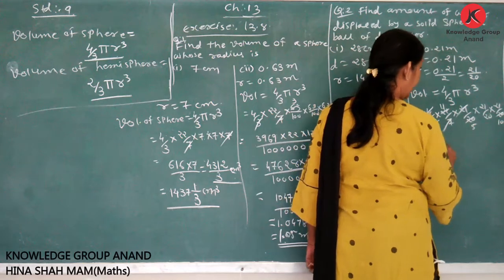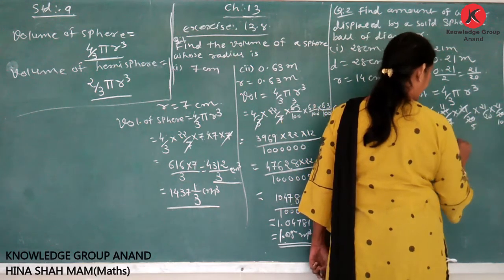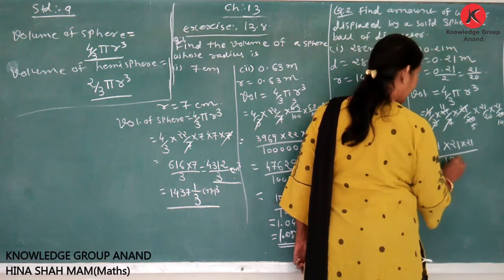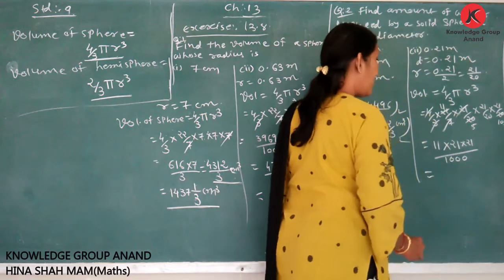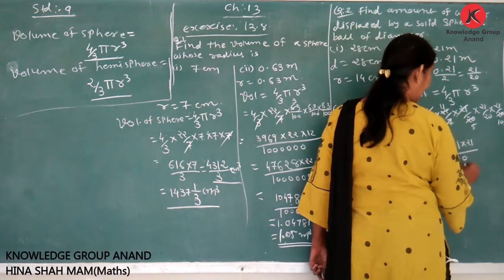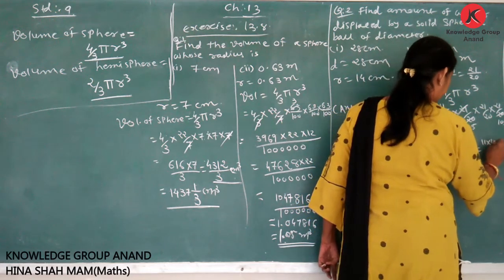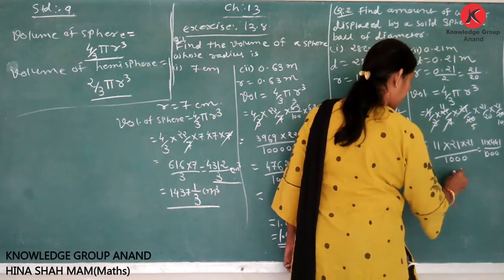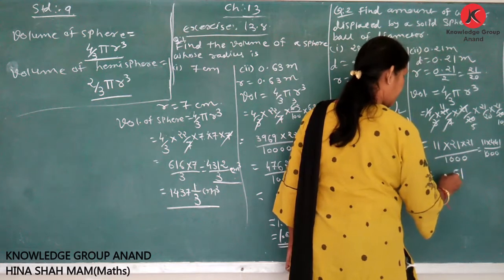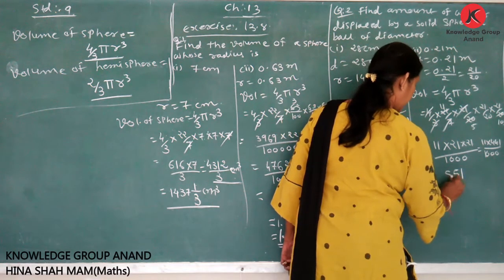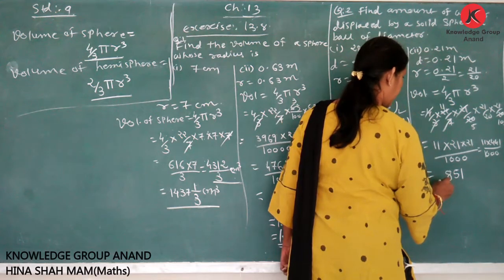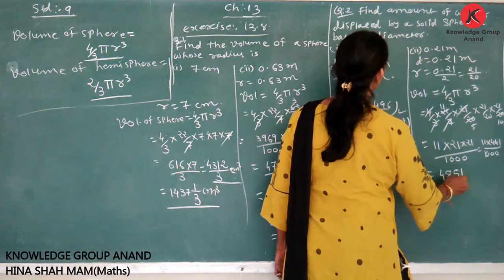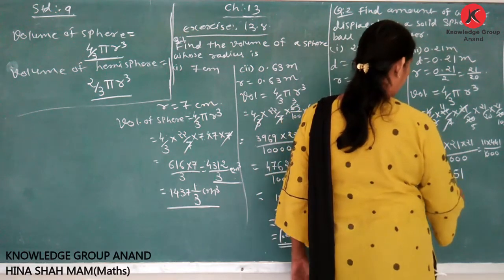Here 11 into 21 into 21 upon 25 is 100, 10 is 1000. 441 multiply 11.